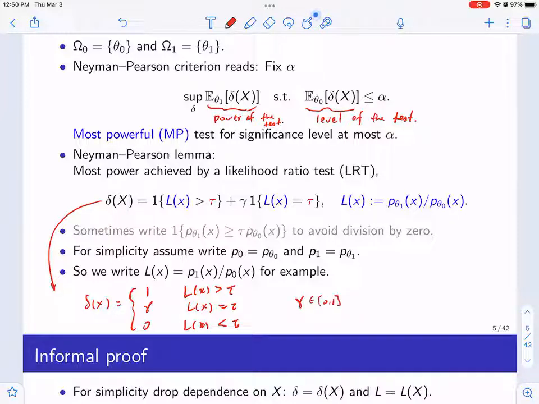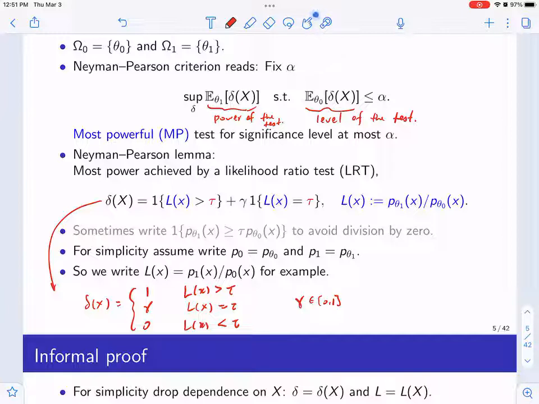If L of x equal to tau never happens, then we have a deterministic, non-randomized test. And if that event has positive probability under the null, then we need that gamma, and we're dealing with a randomized test. What this says is that when L of x is equal to tau, we flip a coin with probability gamma and reject with that probability.